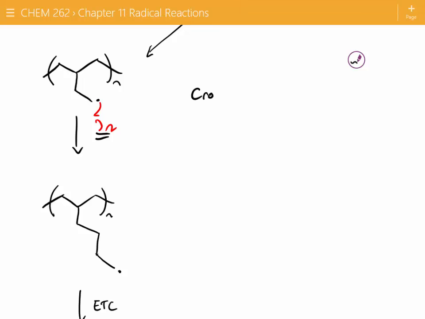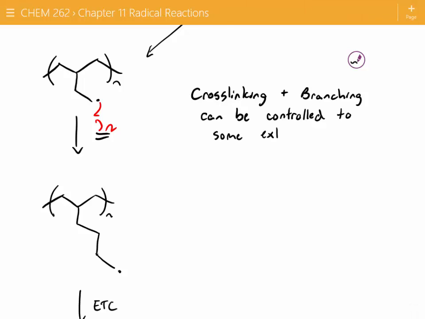So cross-linking and branching can be controlled to some extent via catalysis.